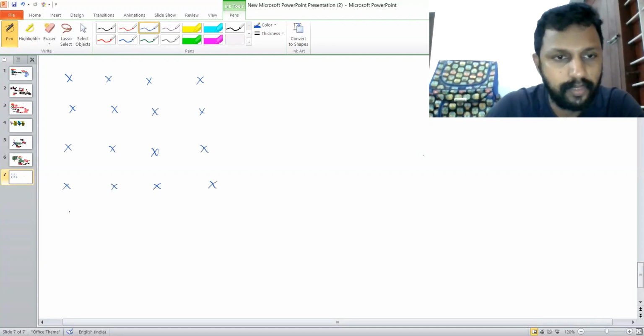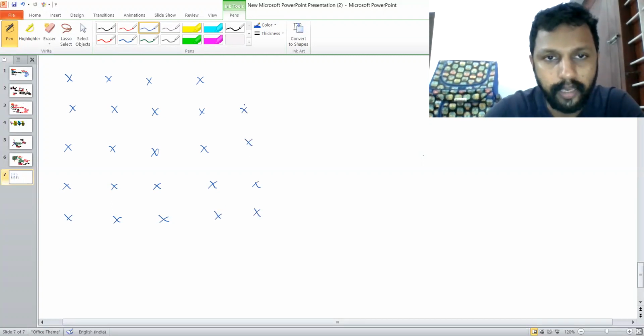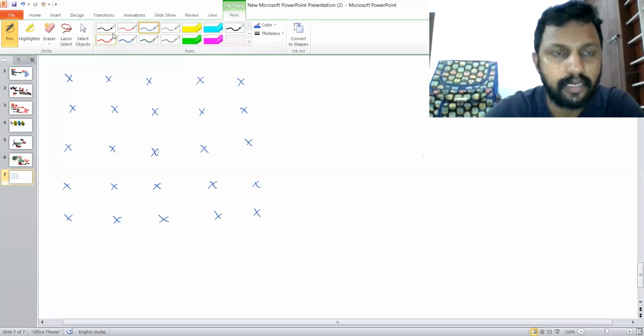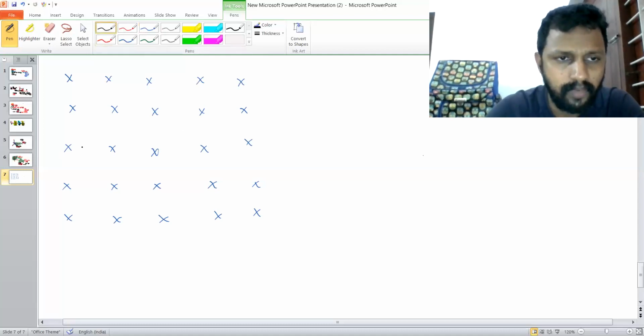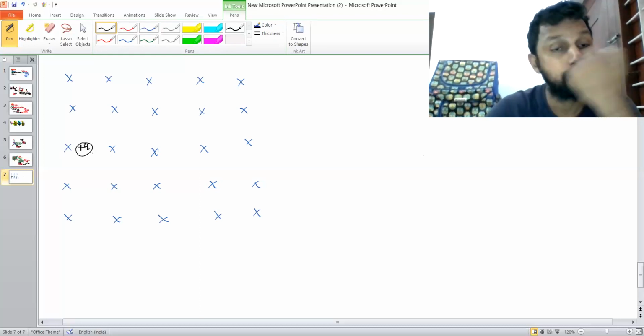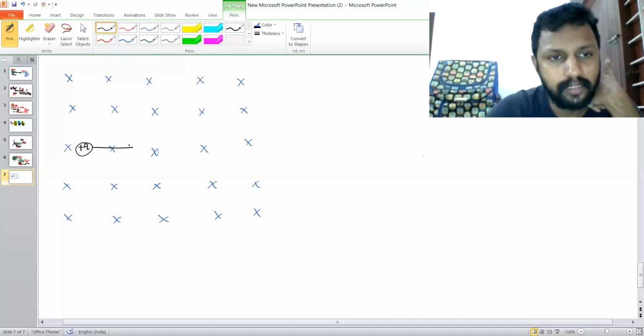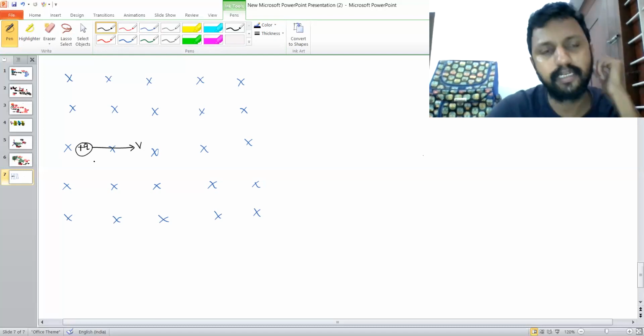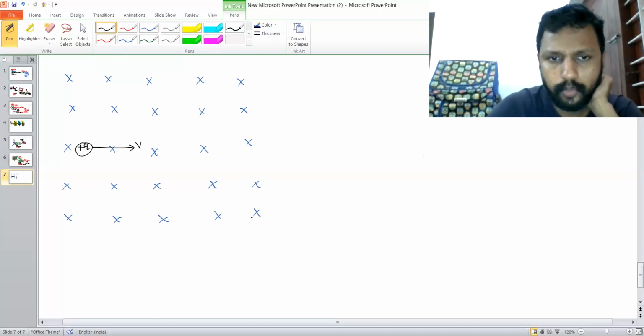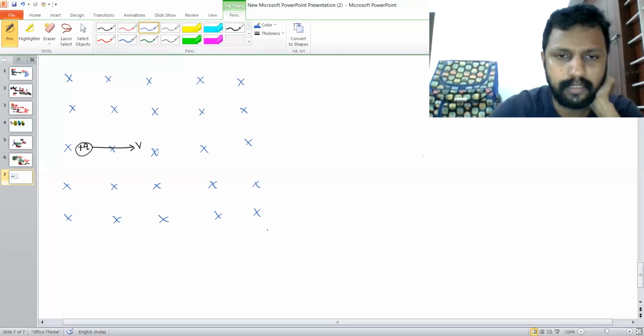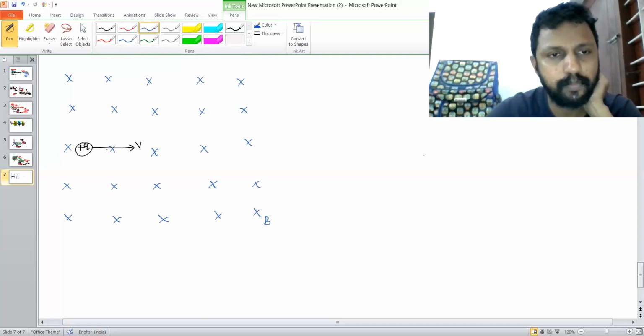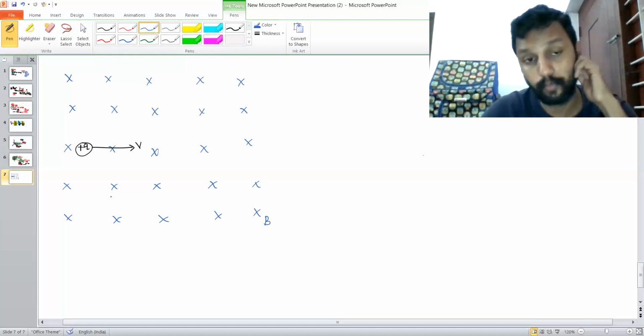The magnetic field is inward. Then, if I am throwing a positively charged particle with a velocity v in this particular direction, due to this cross mark as magnetic field, this charged particle will experience a force.